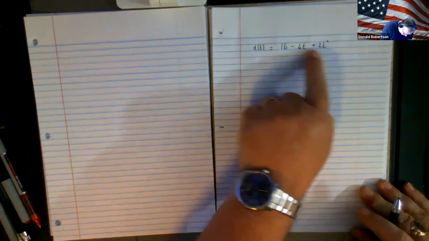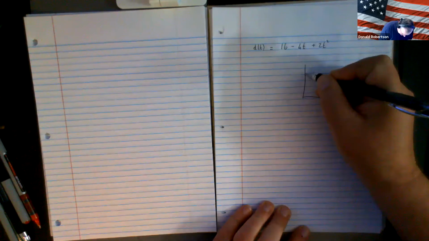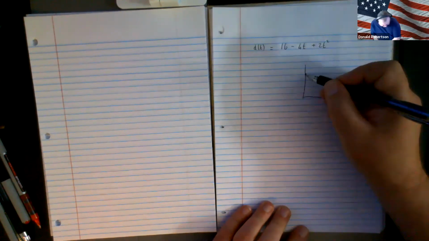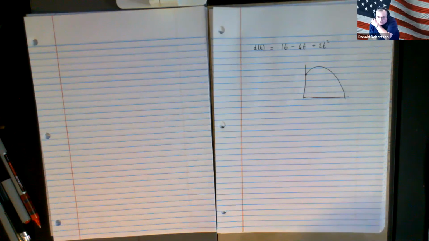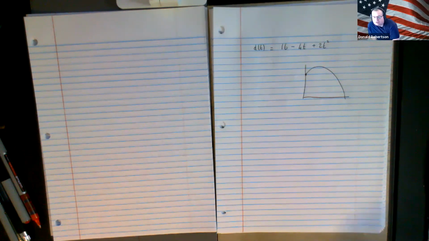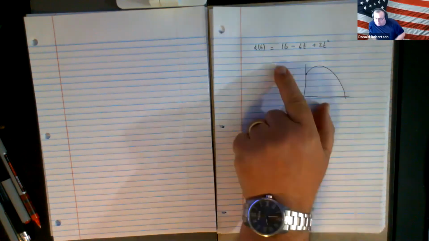I guess I could call it h of t, but d of t will work. The height of an object after t seconds. So you plug it in, and let's say it looks like that. Now, what we're going to try and do is see what we can discover about the position of this object, and in particular, its velocity.